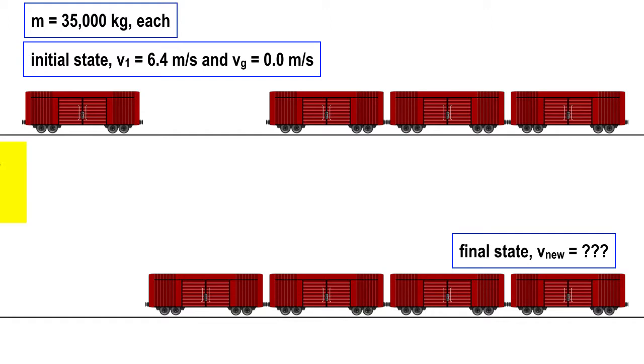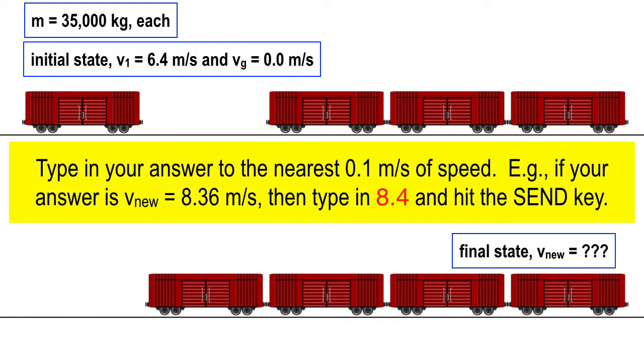What you'll do on homework if you have a problem like this is type in your answer to the nearest 0.1 meter per second of speed, and then hit the submit key, not the send key. If you're working on this in real time, go ahead and pause the YouTube video and try to work this one out. I'll give you a few minutes for that.